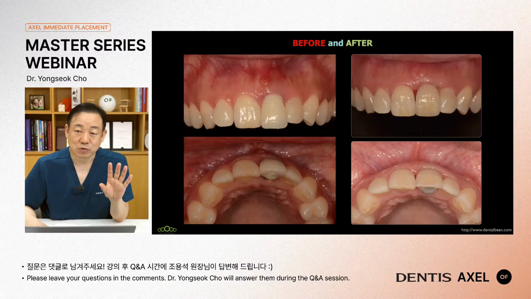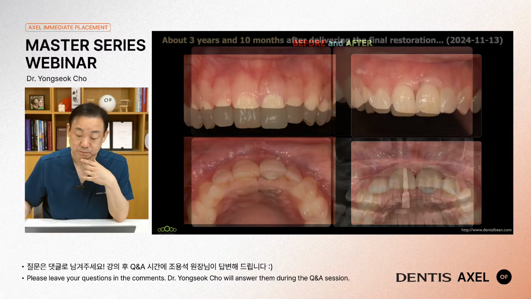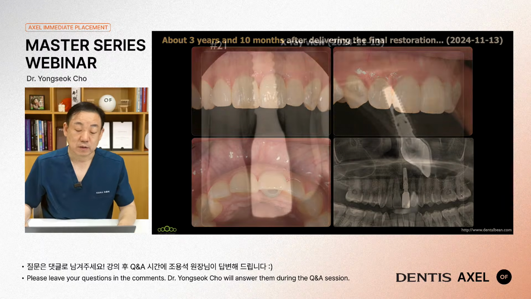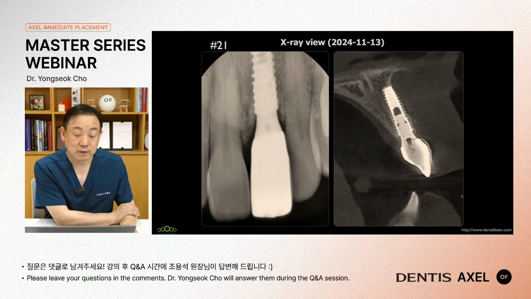Although clinically there's no big change, in reality the left lateral incisor has very severe bone loss actually. And 3 years and 10 months after delivering final restoration, CT was taken again.